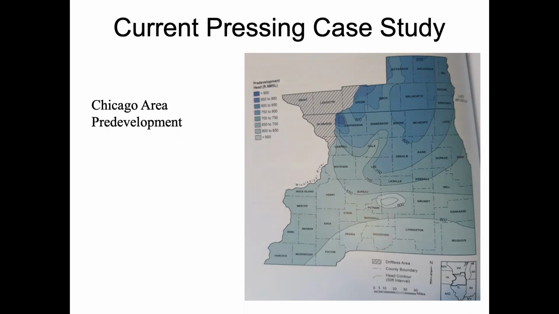This is looking at water levels pre-development in the Chicago area. You can see this is feet above mean sea level, pre-development, this is head. So these are those contours or potentiometric surfaces that we've looked at of water level, going from the highest water level down to the lowest water level, ending up down in this region.